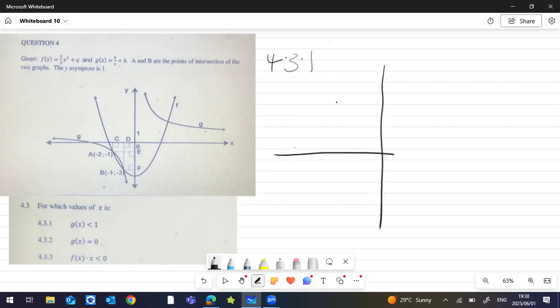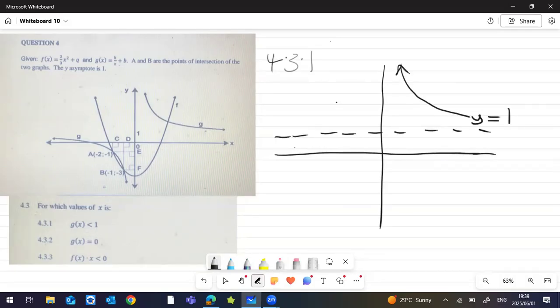Okay, fine. When you look at your hyperbola there, this is your graph. You have your horizontal asymptote, which is y equals 1. Then you have your hyperbola. That's your hyperbola. And then this is your hyperbola.